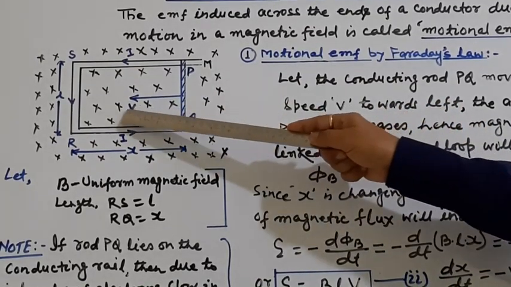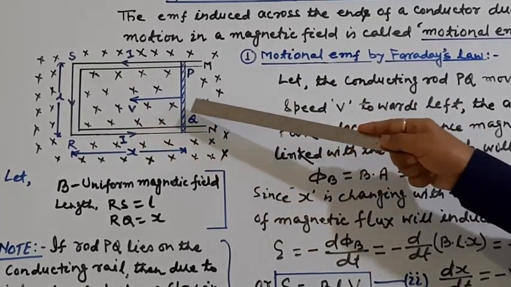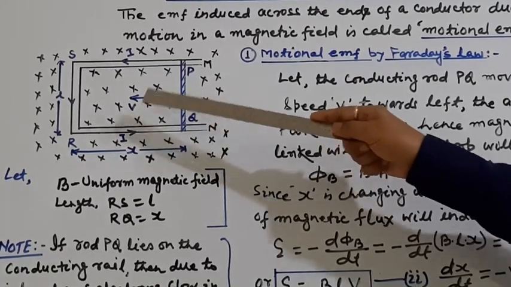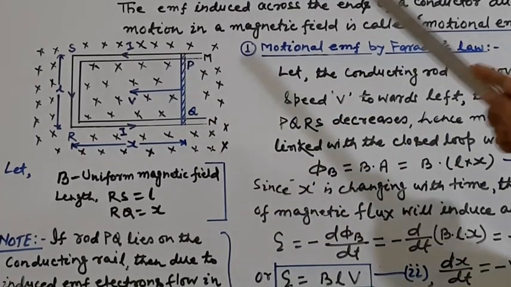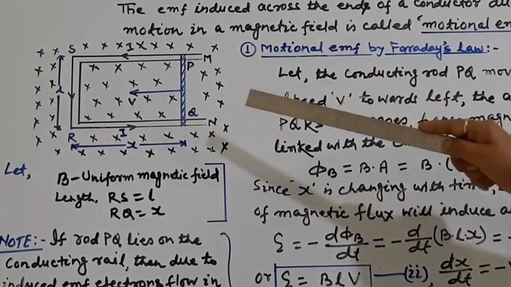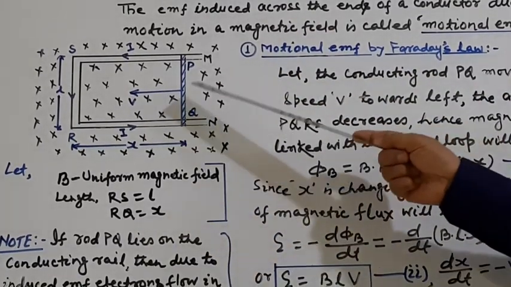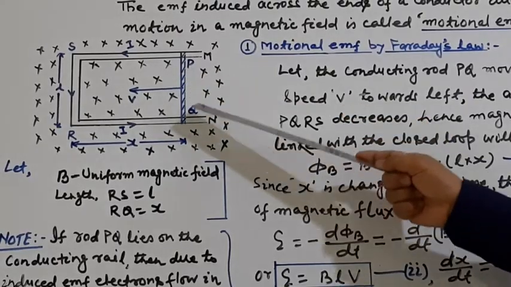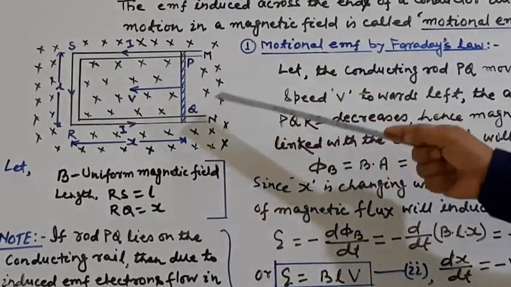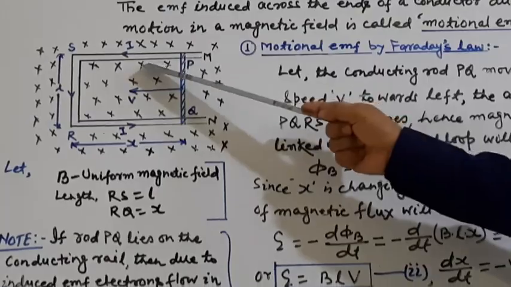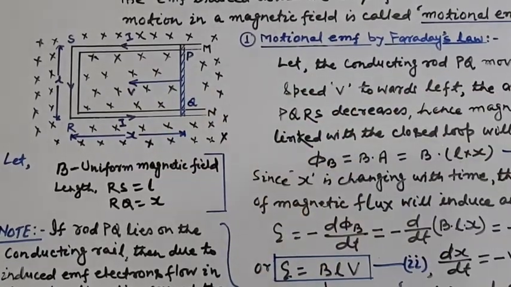The area will change. If the area changes, magnetic flux will change, and when the magnetic flux changes, EMF will be induced. And because it becomes a closed loop PQRS, one current is induced, which is shown in the figure.